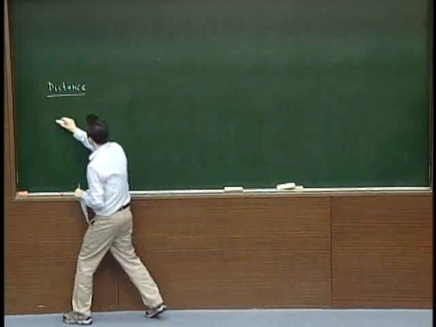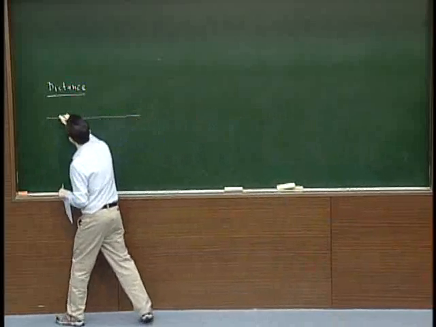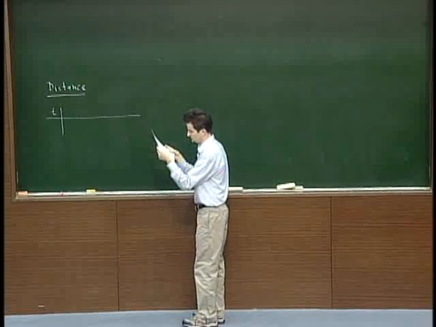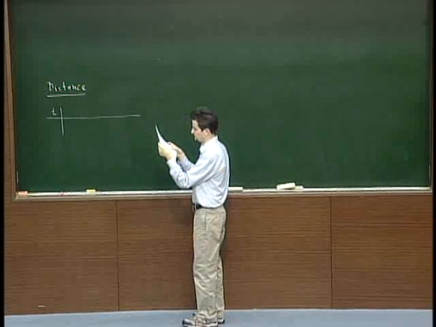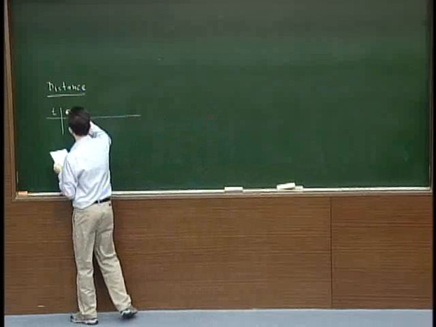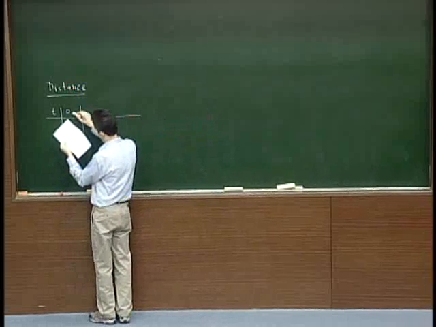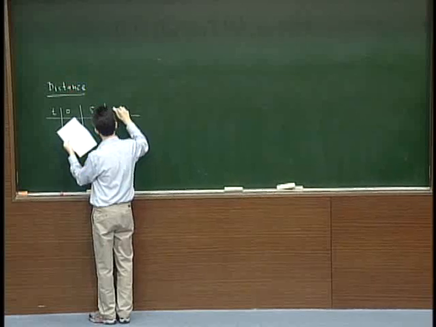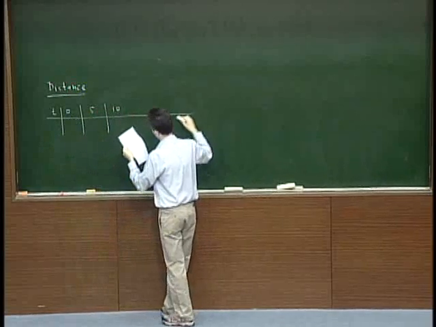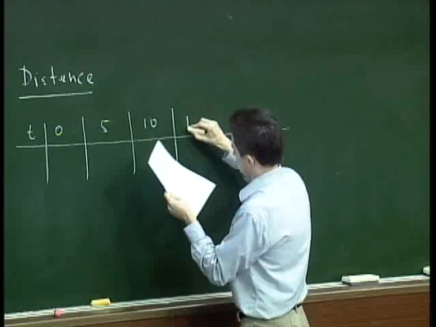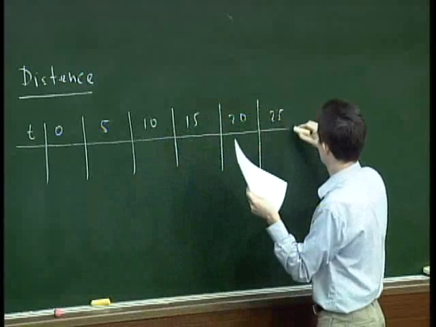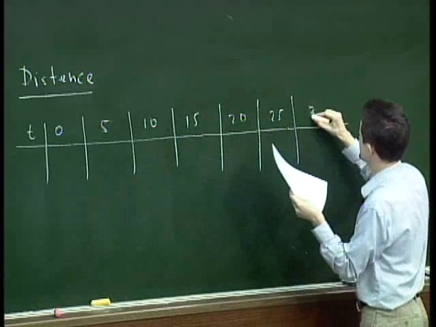Assume that we observe the velocity over a time interval, the first 30 seconds. At the starting point, we look at the speedometer. After 5 seconds, we look at the speedometer. After 10, after 15, after 20, after 25, after 30.